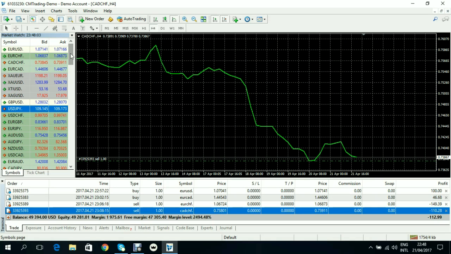If none of the major pairs look good for placing trades, then you can move on to the minor pairs and analyze them the same way before placing any trade.